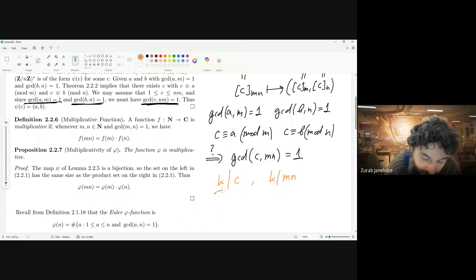Would we be able to get from here that k must divide A as well? Not sure about that.